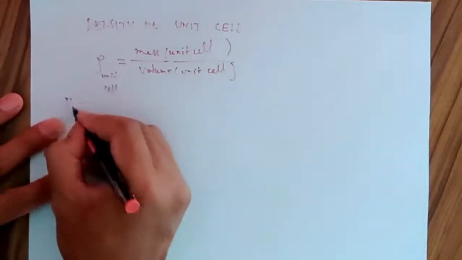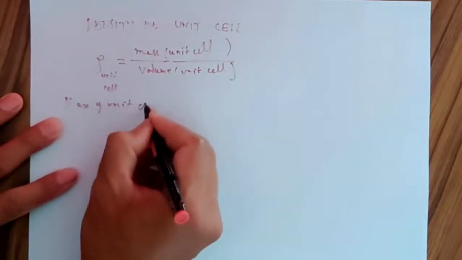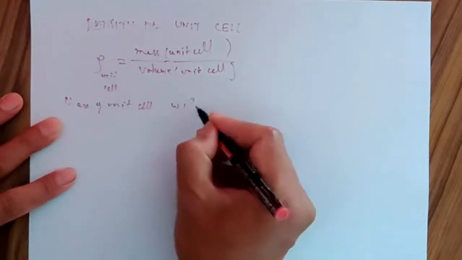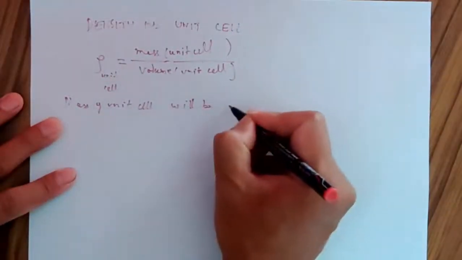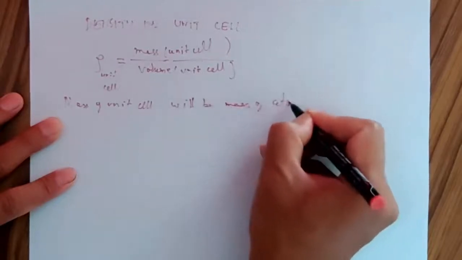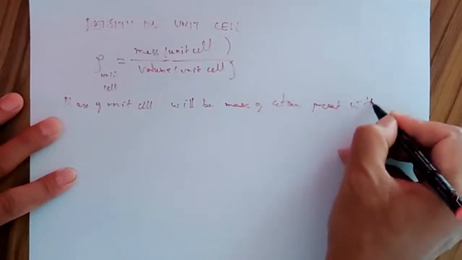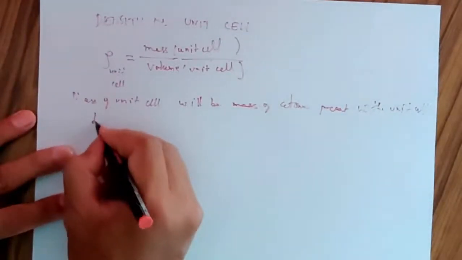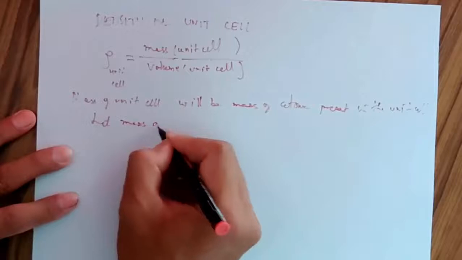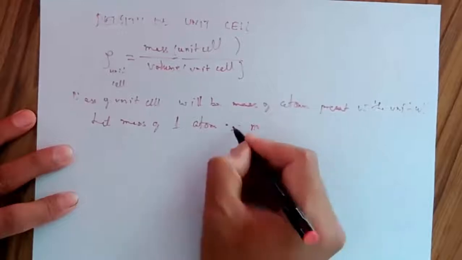So, mass of unit cell. Mass of unit cell is the mass of atoms present in that unit cell. Let the mass of one atom be represented by small m.